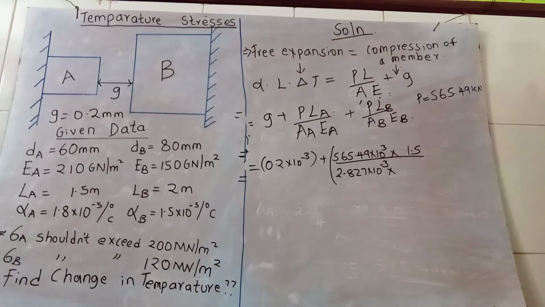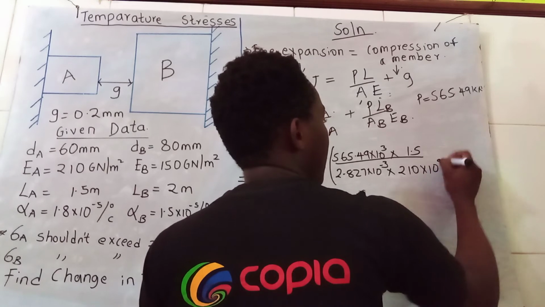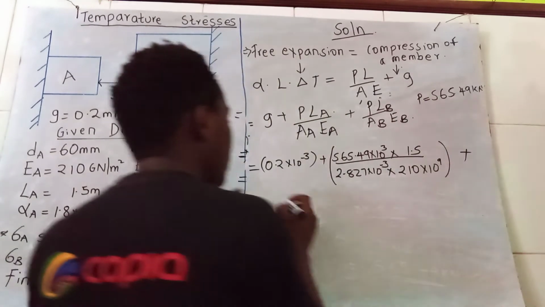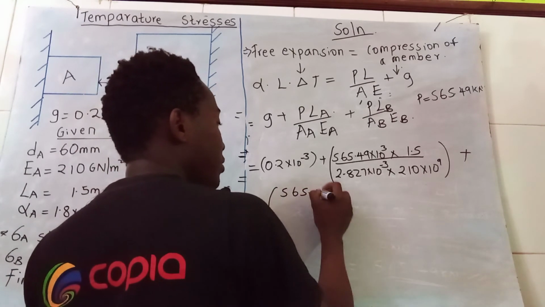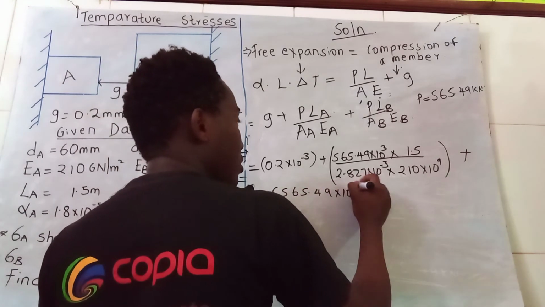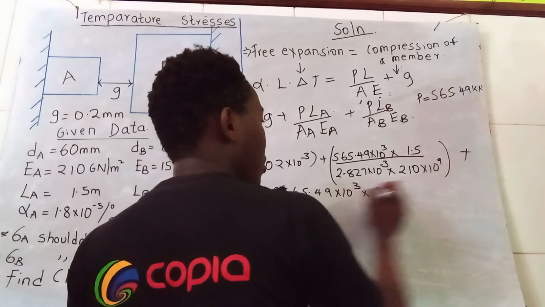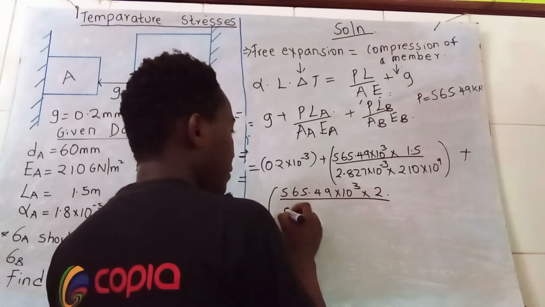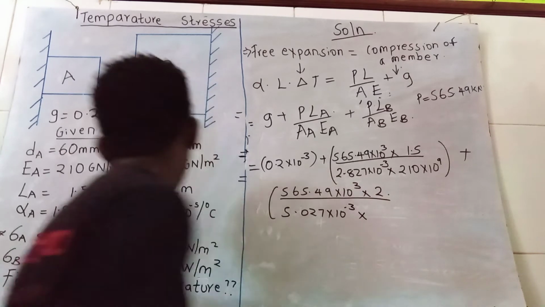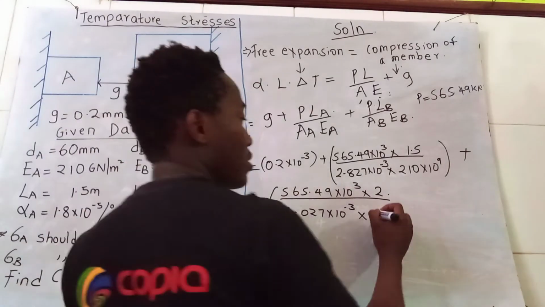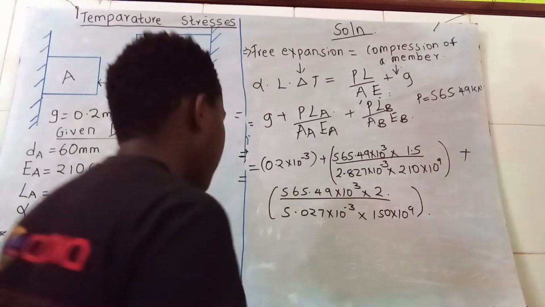The E of A is 210 times 10 to the power 9. Plus, for the second part, the load 565.49 times 10 to the power of 3 times the length in B, which is 2, all over the area of B, 5.027 times 10 to the power negative 3, times Young's modulus of B, 150 times 10 to the power of 9.